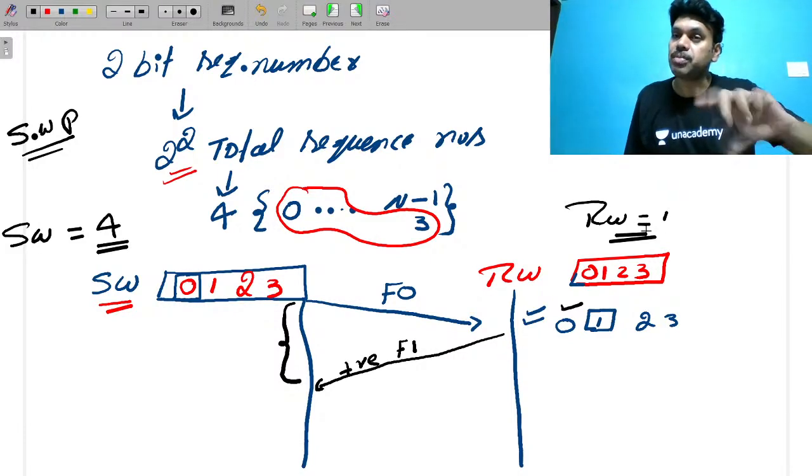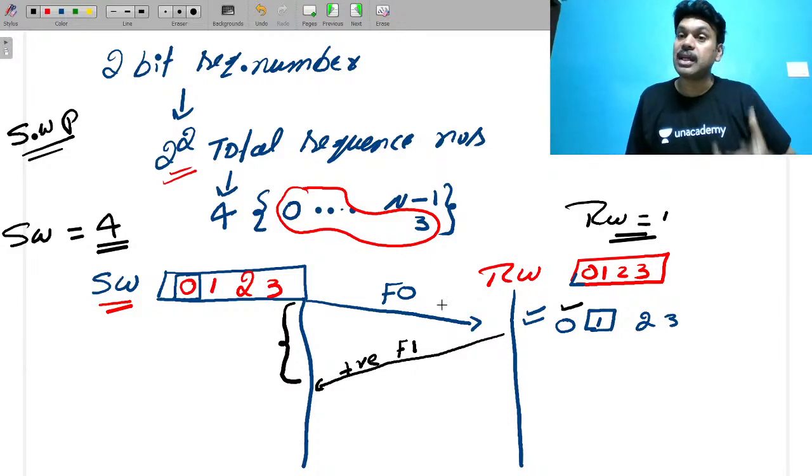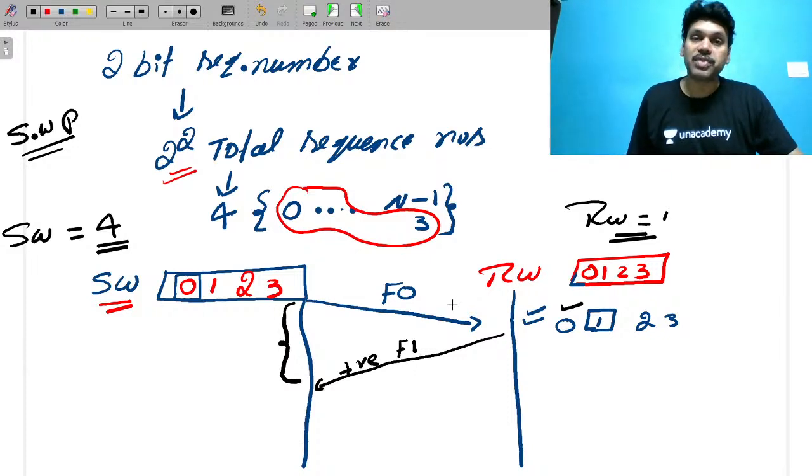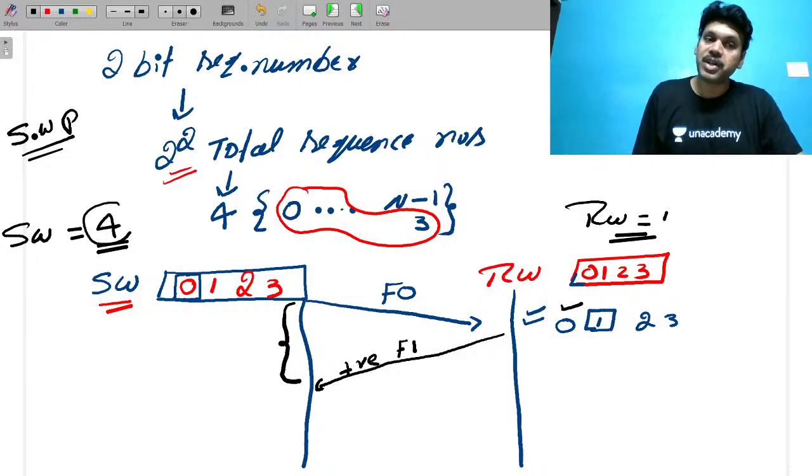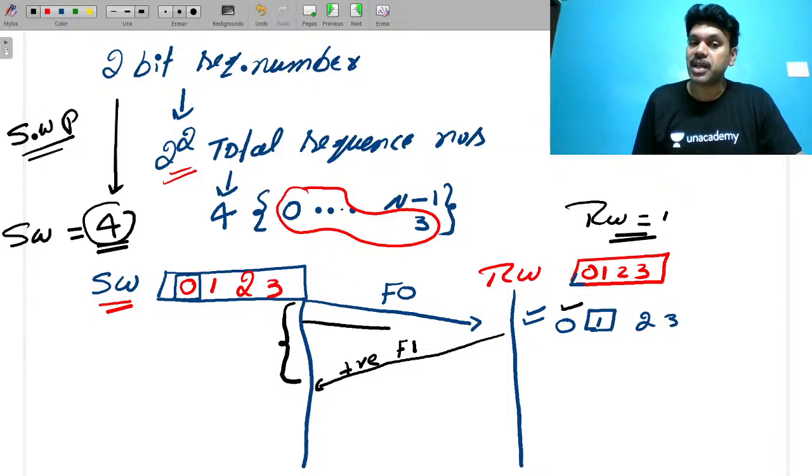We are trying to minimize the waiting time at the sender and increase the efficiency of the sender. So your sender window size is 4 because of this particular point. That means he will not be free. He keeps on transmitting the next 4 frames: 1, then 2, then 3, and then 4.